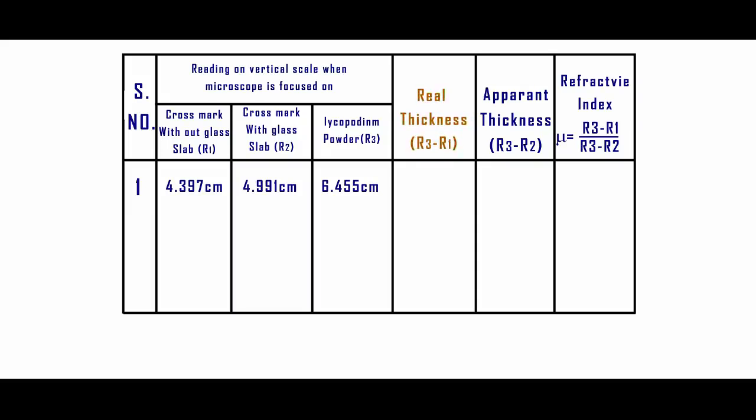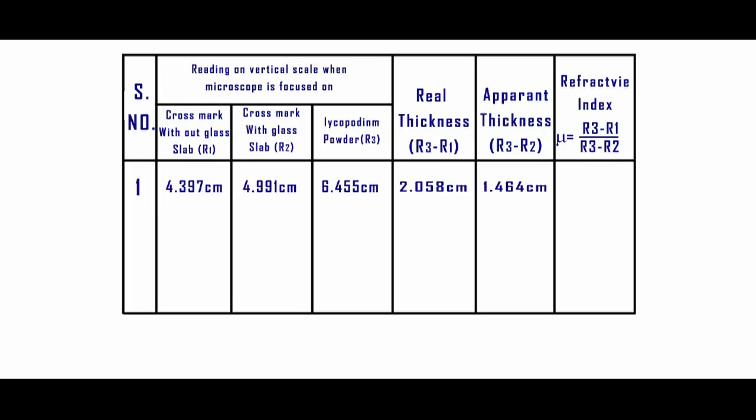Real thickness R3 minus R1 is equal to 2.058 centimeters. Apparent thickness R3 minus R2 is equal to 6.455 minus 4.991, which is 1.464 centimeters.